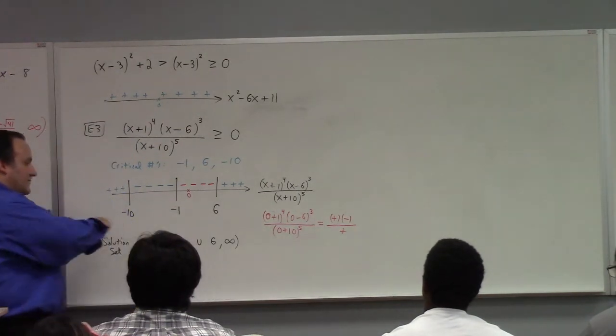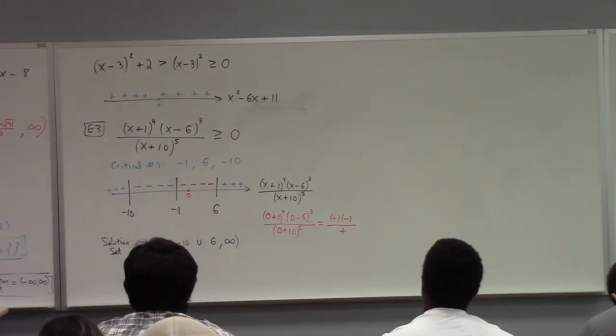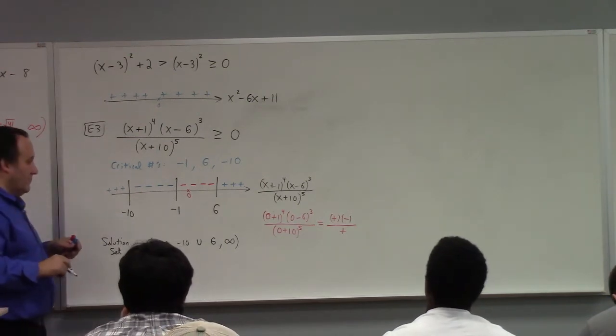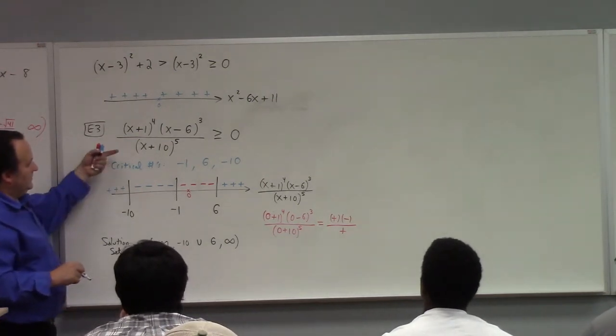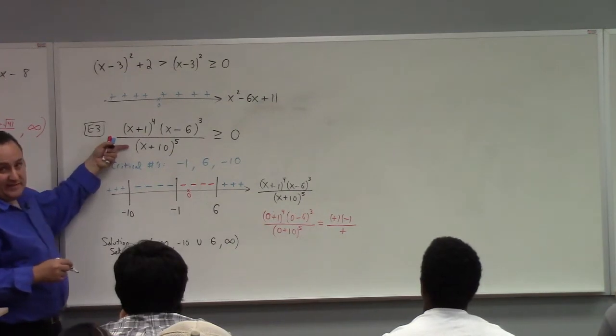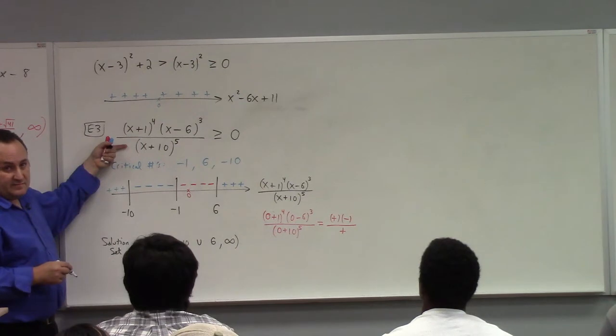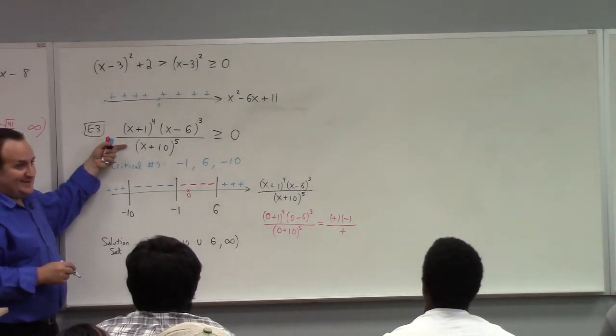Now, do we include or exclude minus 10? Include or exclude? What do you guys think? What happens when you plug minus 10 into the expression? You're dividing by 0. That is not allowed. That can't be part of the solution, right?